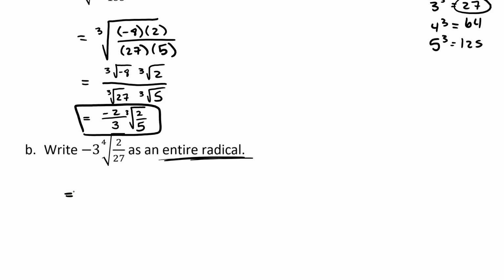This negative sign we need to keep out from underneath the radical sign, because since it's an even index, we can't have a negative sign underneath the radical. If I were to say the square root of negative 16, I need two numbers that are exactly the same in sign and value to multiply to 16. That doesn't work. It doesn't equal anything.